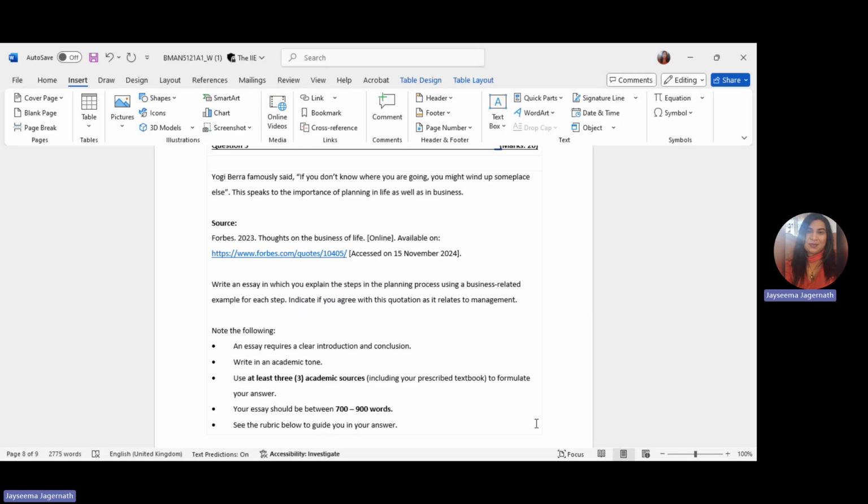I'll give you a practical example. Obviously, yours will be more in depth in how you can apply it. If I look at McDonald's, if step 1 is establishing a goal, it would be to create a new product line, a new burger. Step 2 will be developing alternate plans.